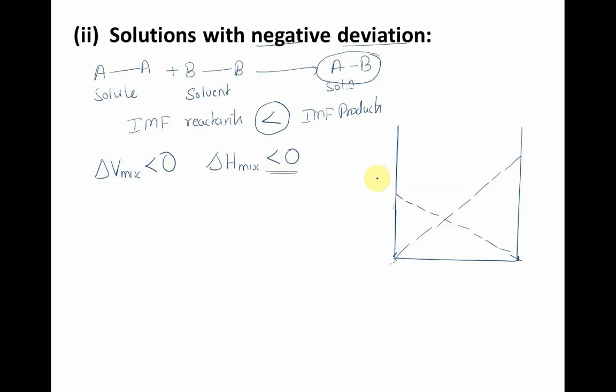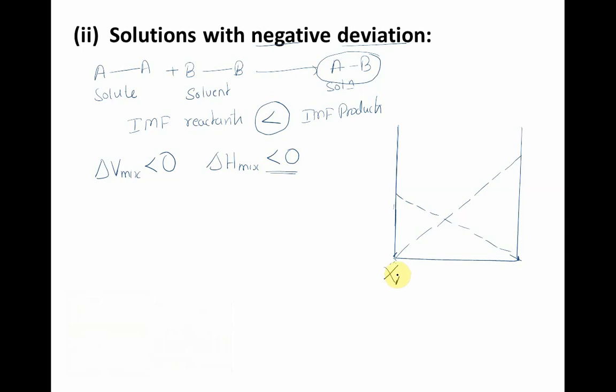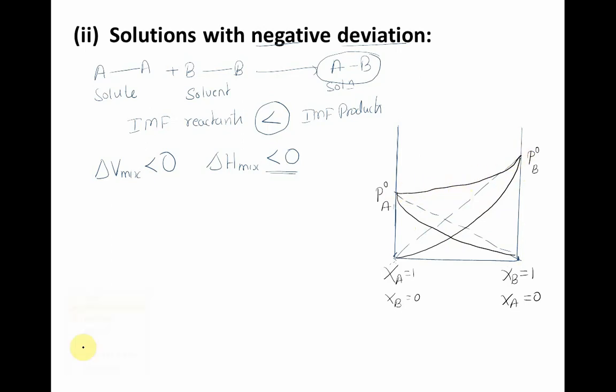Now let me explain with respect to the graph. This is the mole fraction of A and this is the mole fraction of B, and here the mole fraction of B is equal to 0 and mole fraction of A is equal to 0. This is P naught A and this is P naught B. So this is the actual graph obtained compared to the ideal behavior. What does this graph indicate?